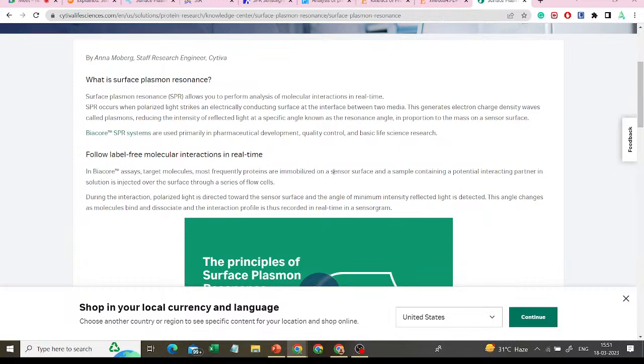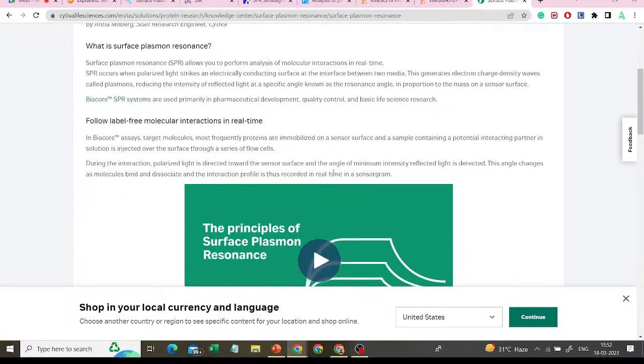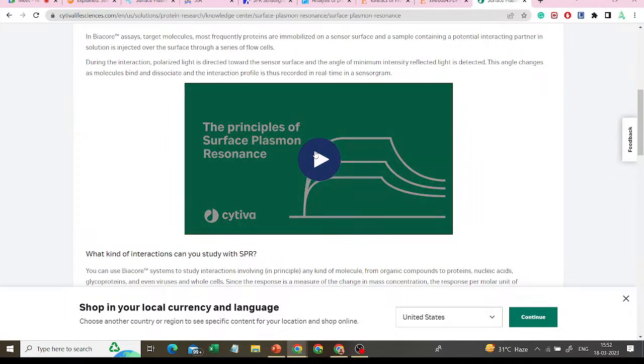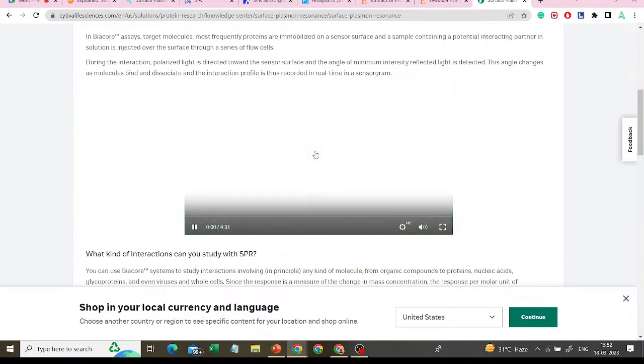So you need to have an electrically conducting surface, such as gold, and polarized light, and the resonance angle is proportional to the mass on the sensor surface. Here you have seen the target interaction, so you can go through it too.